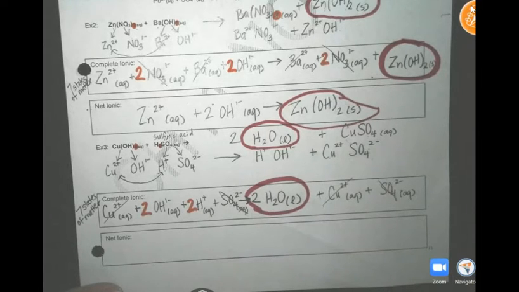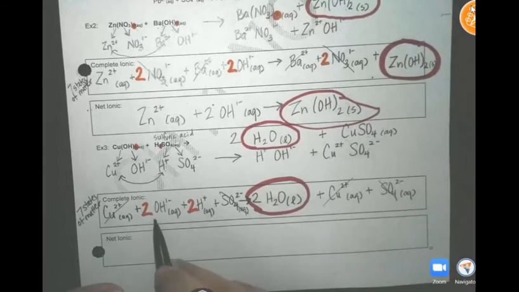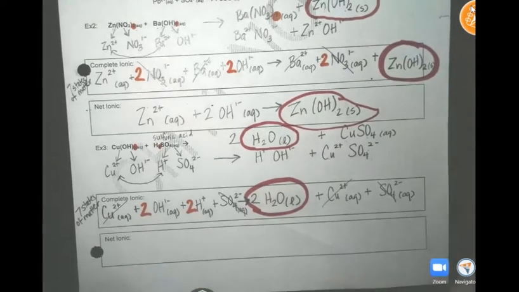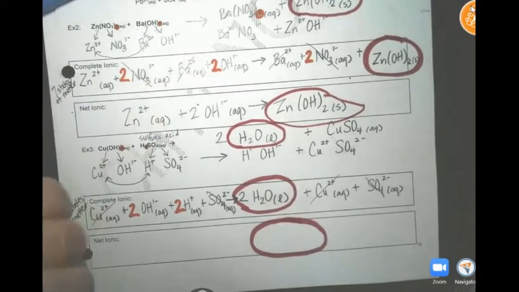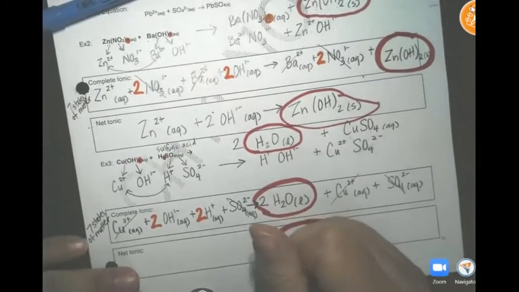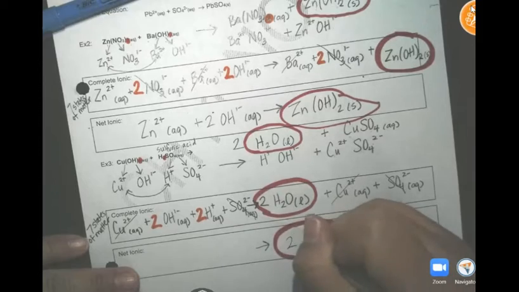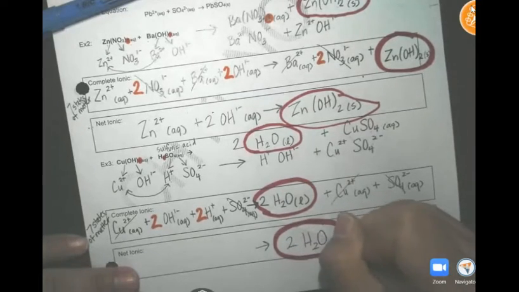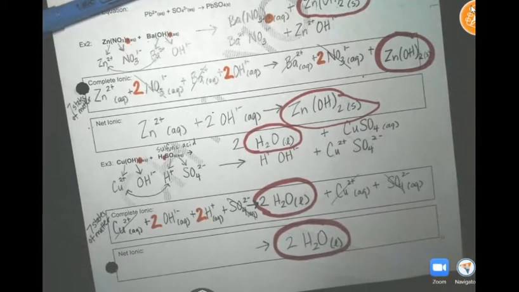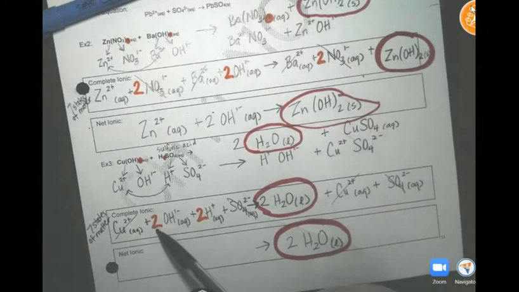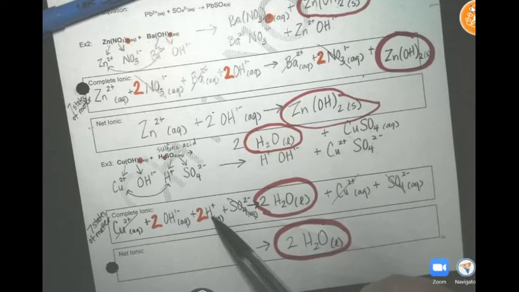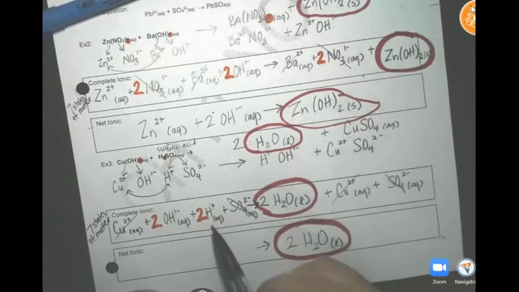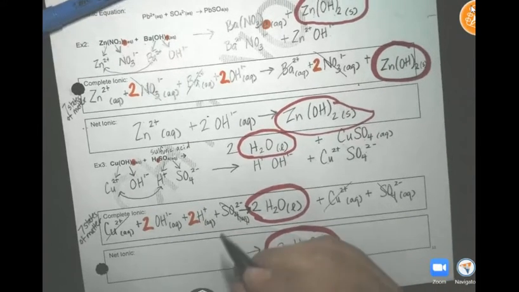So now I'm left with what made up the H2O. Remember, I always keep the precipitate or the liquid water together, so I'm just going to go ahead and keep that together. 2 H2O liquid. All right. Now I have left over the 2 OH minus and the 2H plus. A general rule is to put the positive ion first.